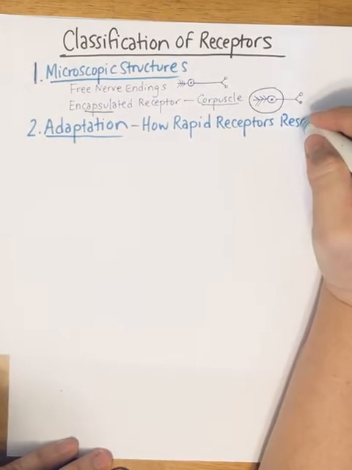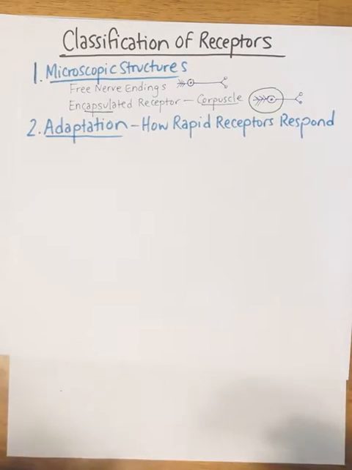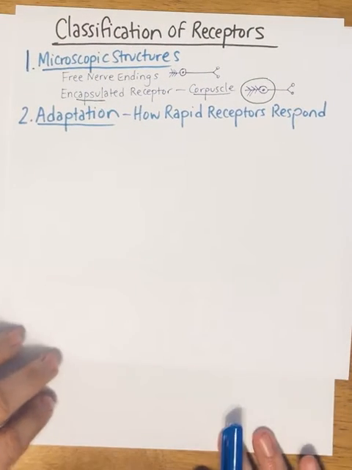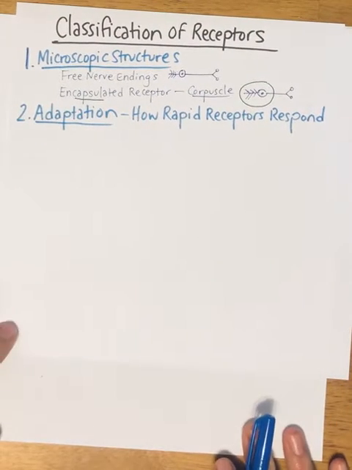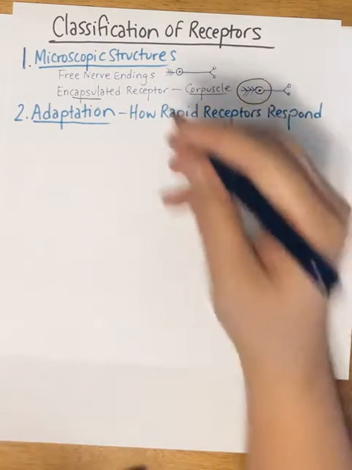Smell is very fast. Within seconds, your smell is going to drop down by 50%. So we would say that is a rapidly adapting receptor. And it can also be slow. Some receptors are very slow. So these are just going to be fast versus slow.